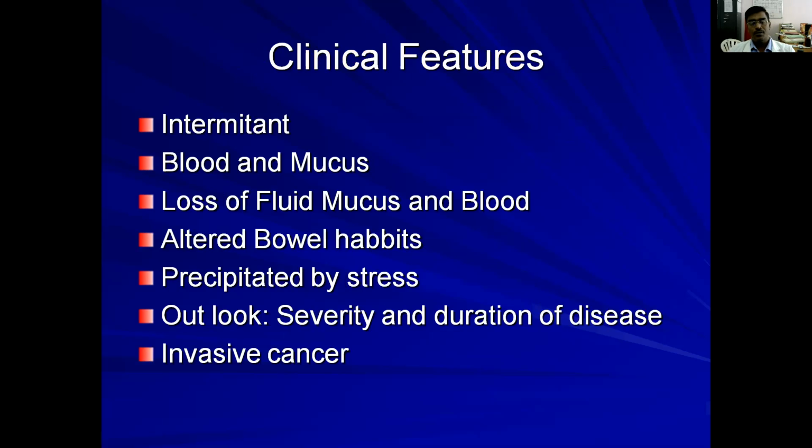So, what are the clinical features of ulcerative colitis? There will be intermittent defecation and abdominal pain, blood and mucus passing in the stools, loss of fluid, mucus and blood, and altered bowel habits precipitated by stress.